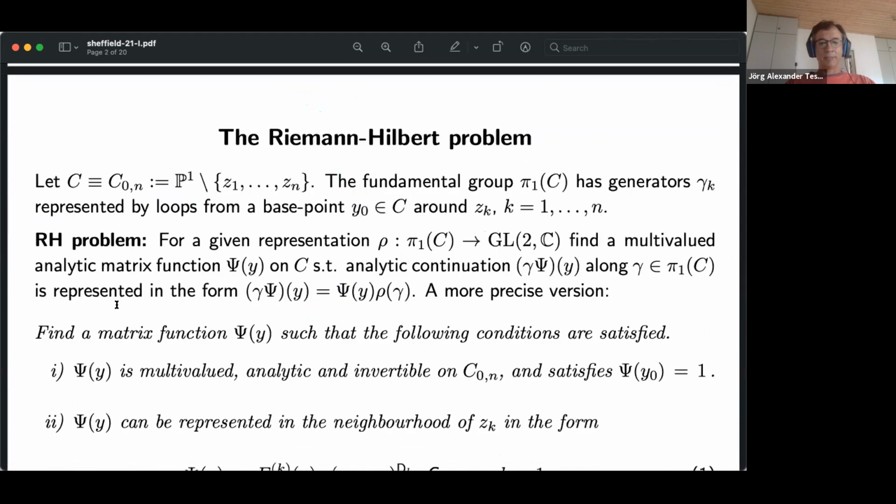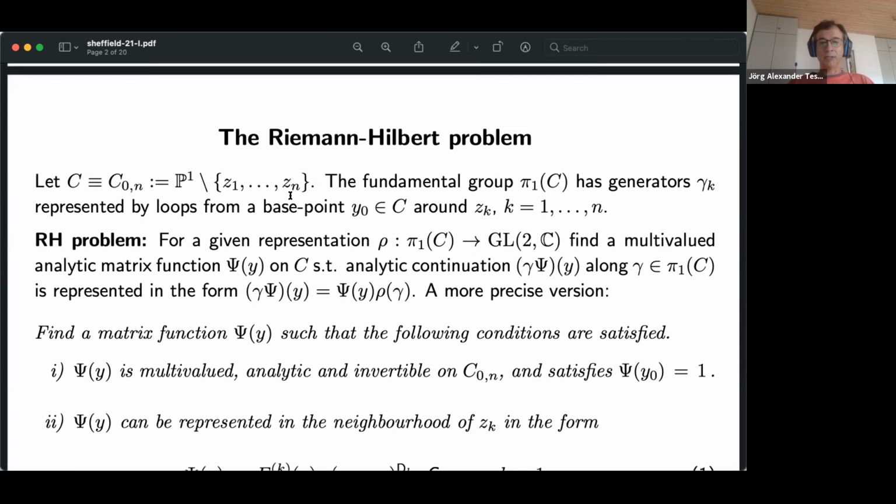So in an attempt to start fairly basic and fairly elementary, I want to introduce things via the classical Riemann-Hilbert problem. And just to keep life simple, I will not make any attempt at generality. So let's just consider the n-punctured Riemann sphere, that is this C0n. We take the Riemann sphere, remove n points, and that's it.